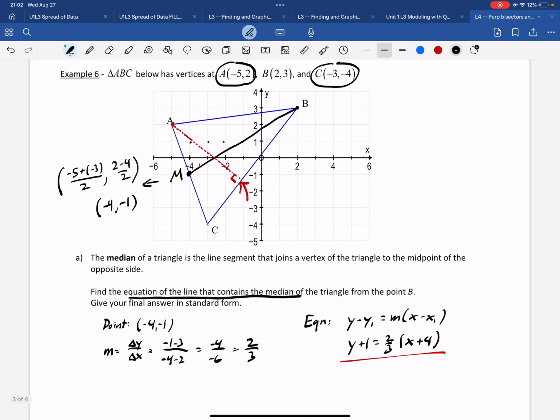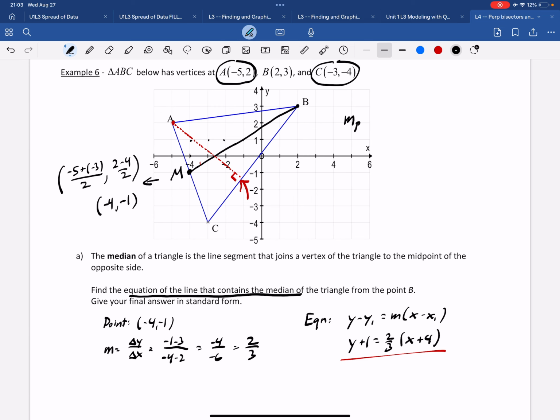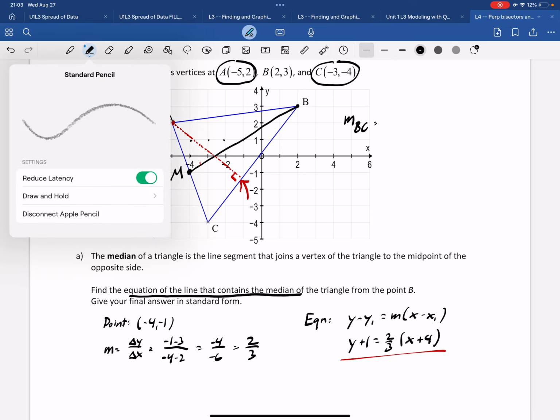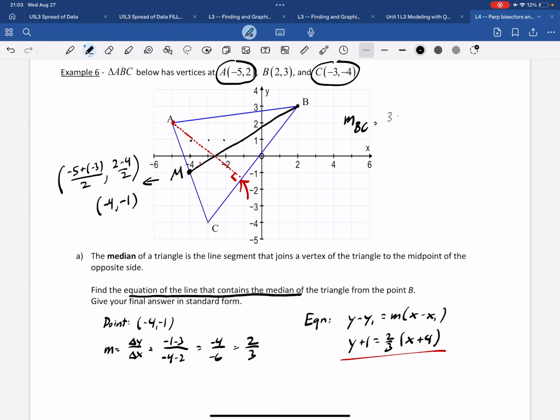I'm going to write up here. The slope of BC, well, we take 3 minus negative 4, which is 3 plus 4, and divide by 2 minus negative 3. So we get 7 over 5.